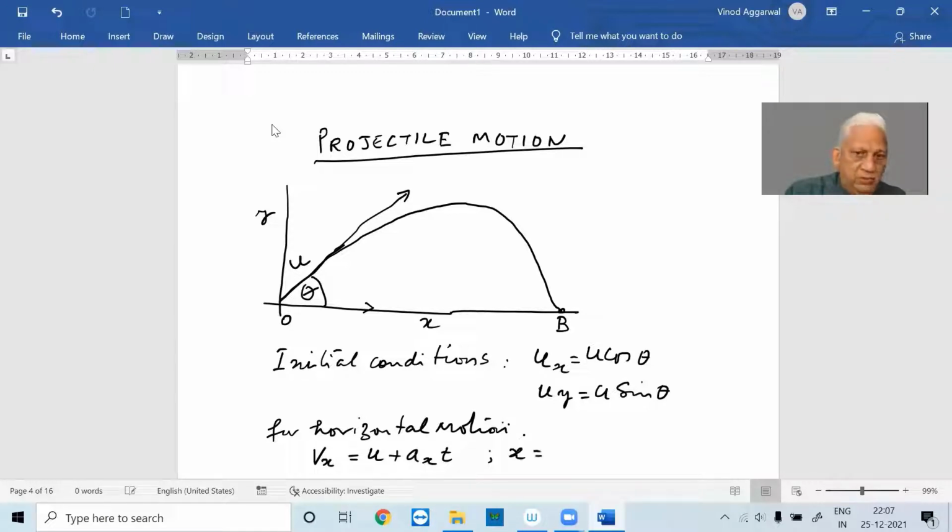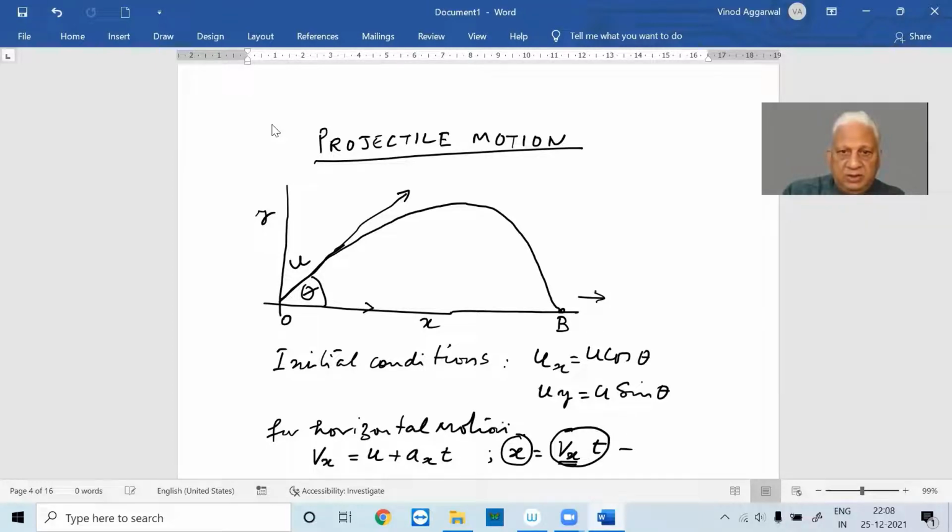And x is equal to velocity times t, provided vx is constant, which it is, because there is no force acting in the x direction.